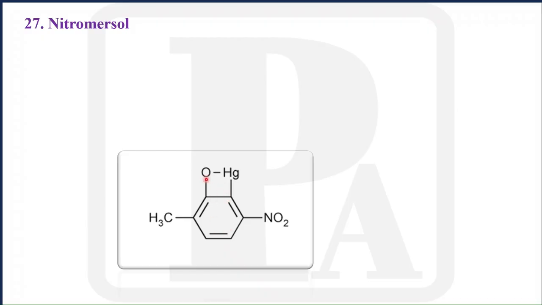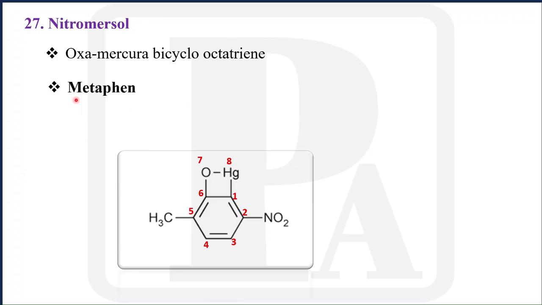Along with it, it has oxygen and mercury, that's why it is called oxa mercura bicyclooctatriene, having 2 other substituents: one is methyl, another one is nitro. This is otherwise called nitromersol. It is used in the treatment of ocular infection.